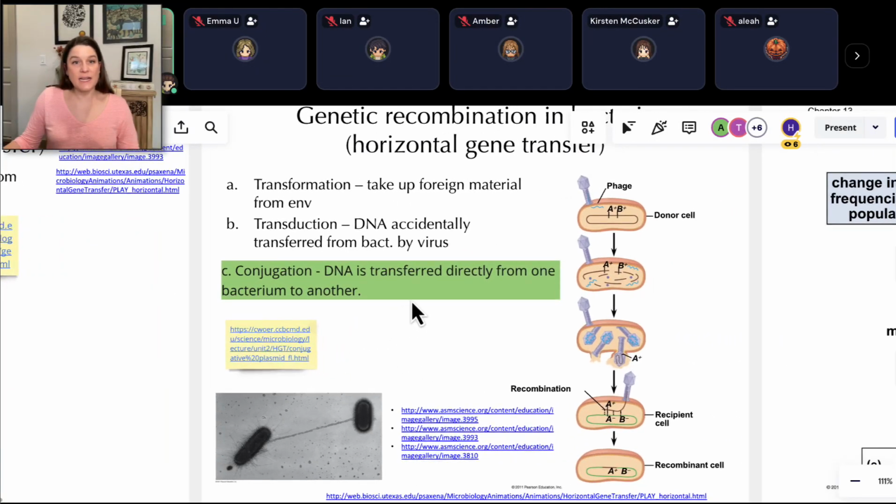And then the conjugation, co means together. So this is the direct transfer of genetic information from one bacterium to another, typically through plasmids. Sometimes it can be parts of the genome, but we talked mostly about transferring the plasmid, which is a small circular DNA copy in the cell that has just like one, maybe two genes on it.